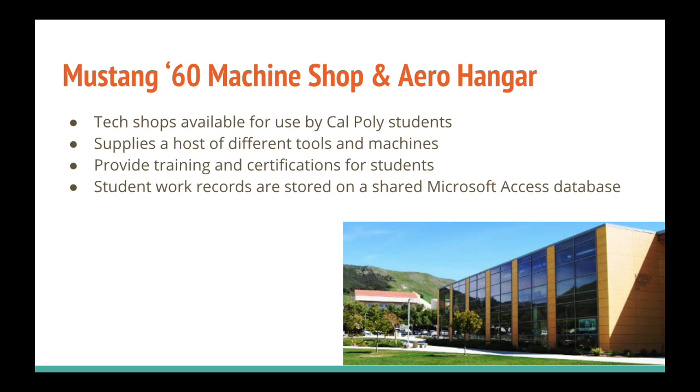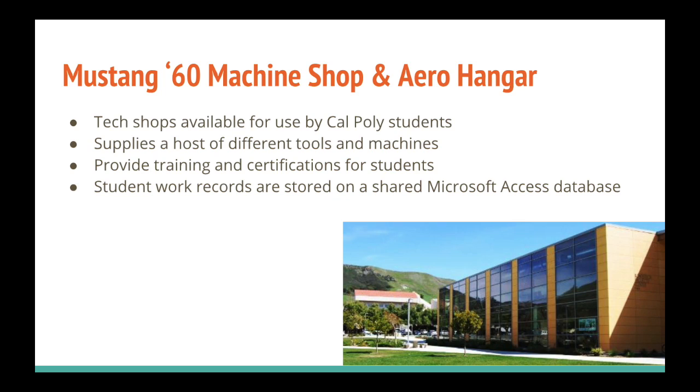Mustang 60 and the Arrow Hangar are the two main machine shops on campus for Cal Poly students to utilize a wide assortment of shop machines, tools, and their various academic, club, or entrepreneurial endeavors. Both of the shops offer trainings and certifications to use certain machinery and keep track of student work hours.